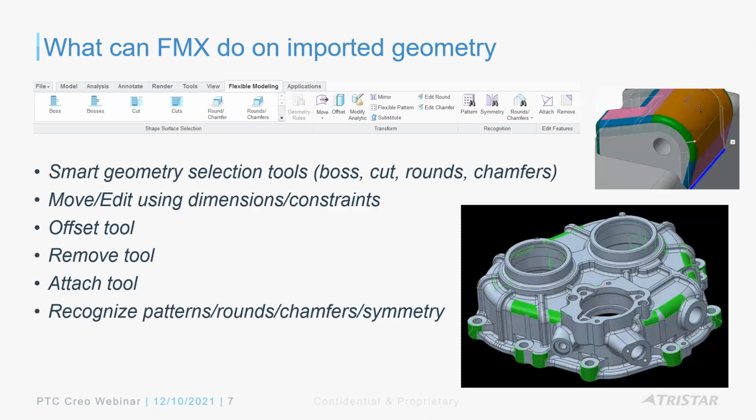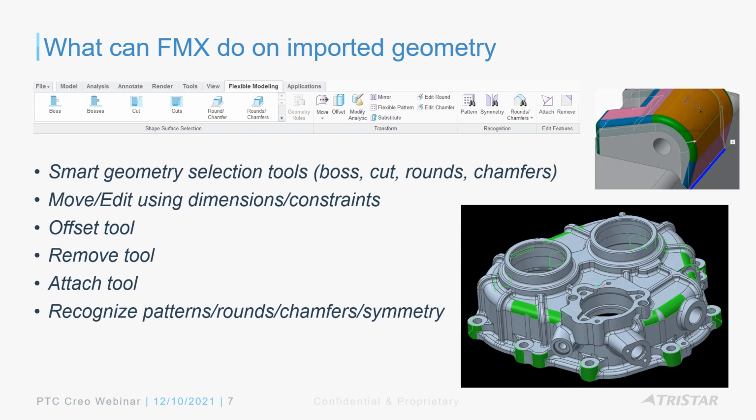So before I move on, a few more slides here, just to show you the typical capabilities that you have inside of FMX once you bring in a non-Creo file. It could be a step file, IGES file. You could still do your import data doctor fixing, right? If you run into some issues where it's not a watertight model and has some gaps, you can work on that.